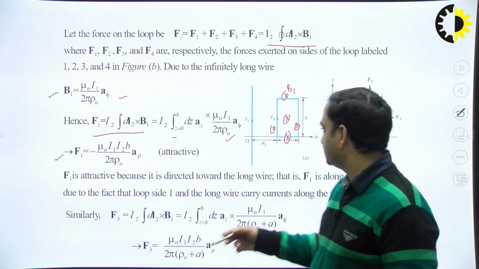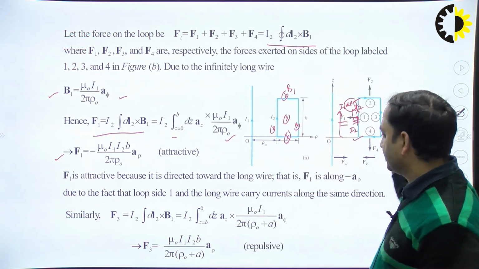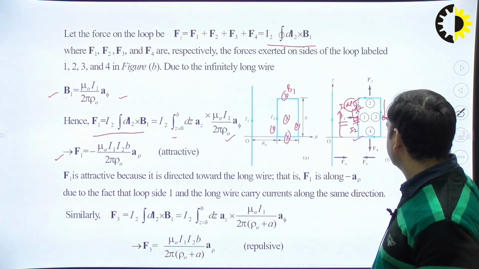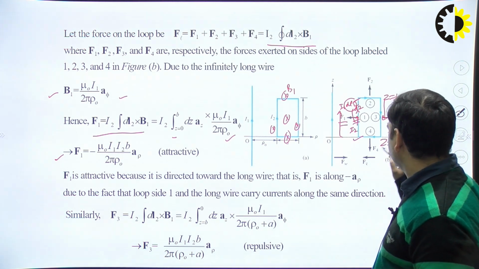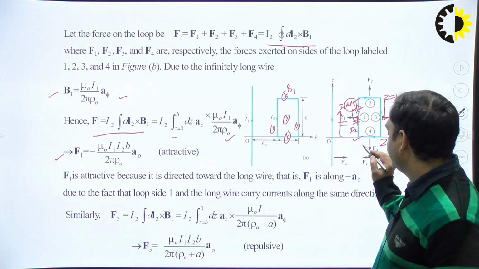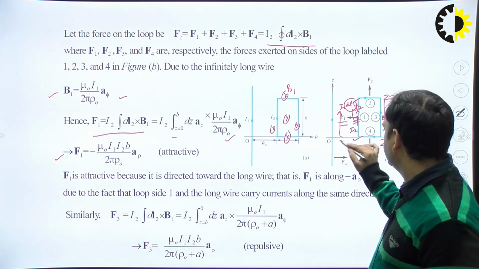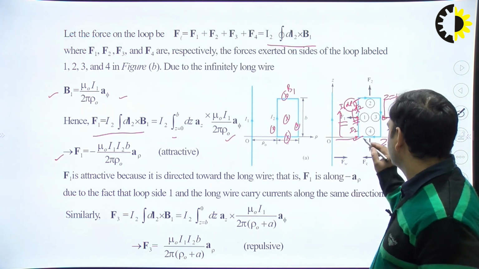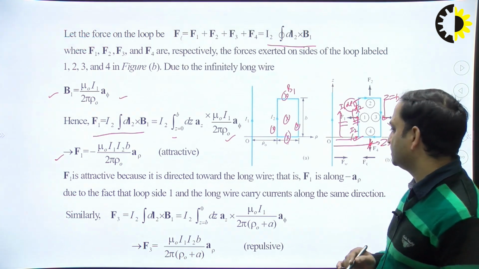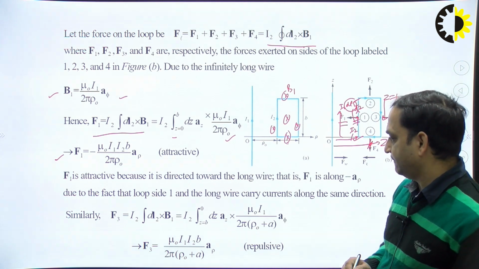Similarly, we can find F3. When solving F3, the direction is this way, so obviously z is from b to 0. The same thing applies, but the difference is that earlier it was rho naught, and now it is from here to here, so it is rho naught plus this length, which is nothing but a.